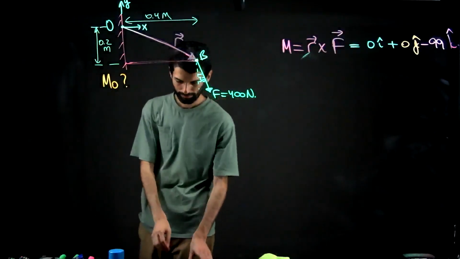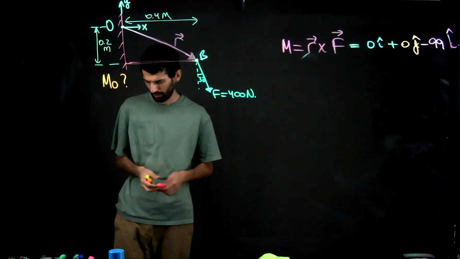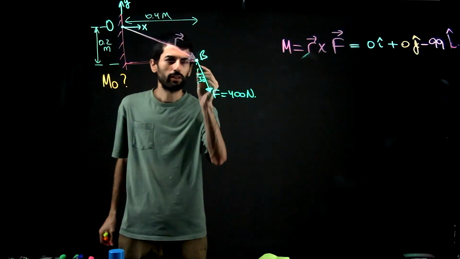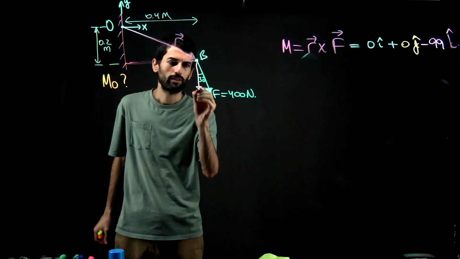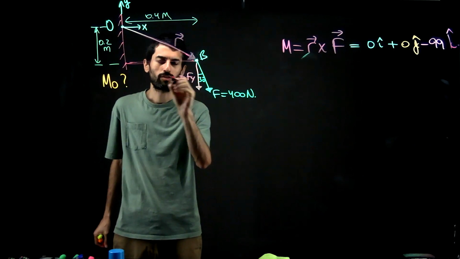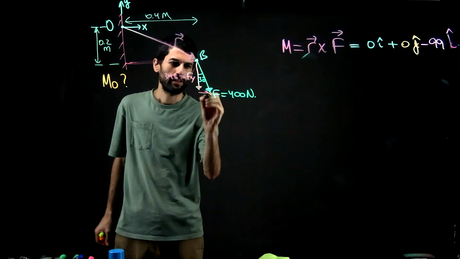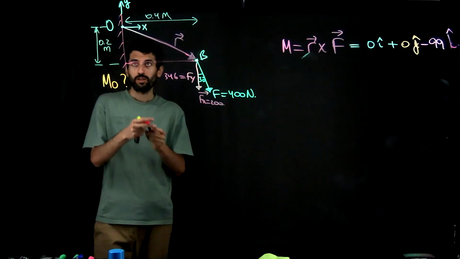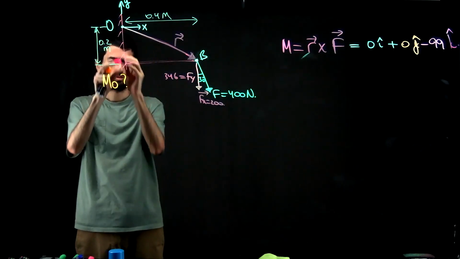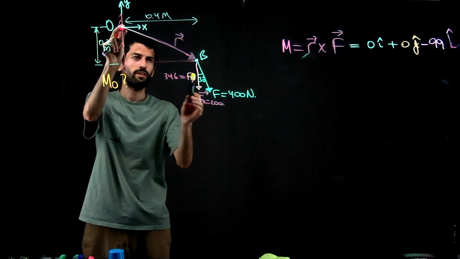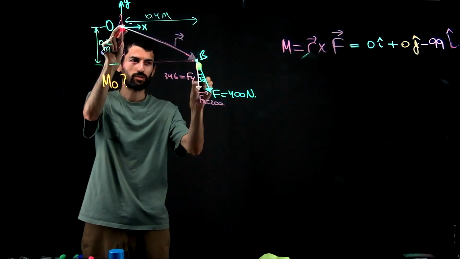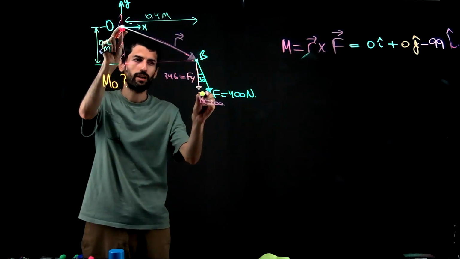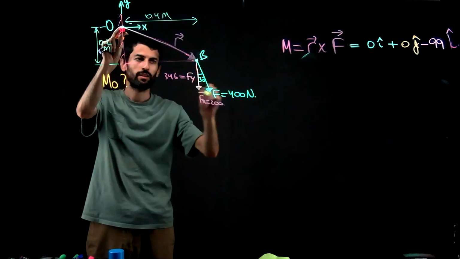Now let's use the second method, which is the method that we know. In the previous recording, we found F_y, which is 346, and F_x, which is 200. We are looking about point O. F_y will create a moment this way, and F_x will create a moment that way.